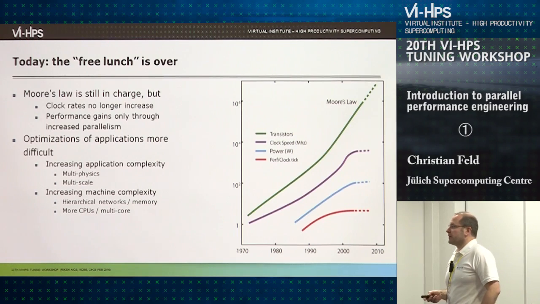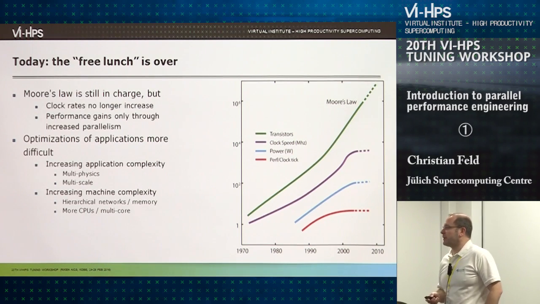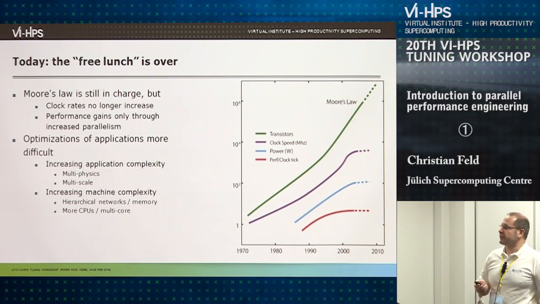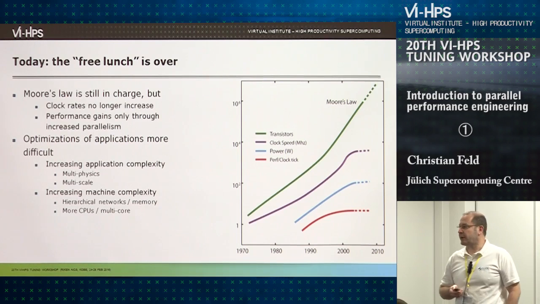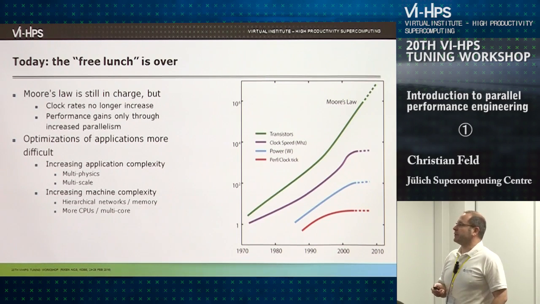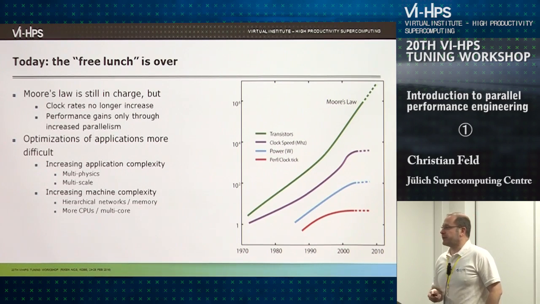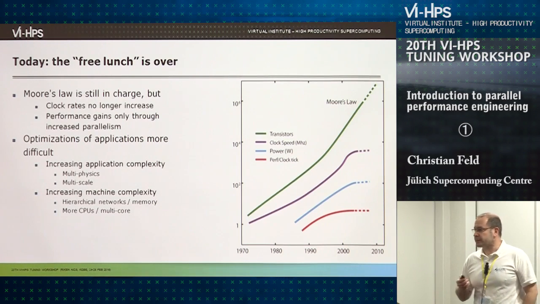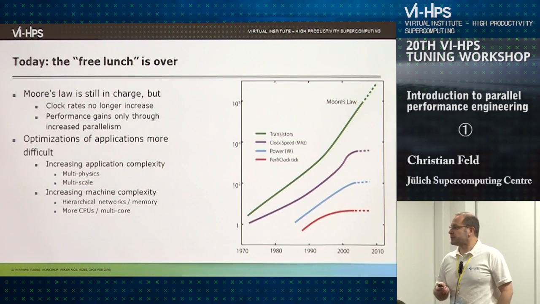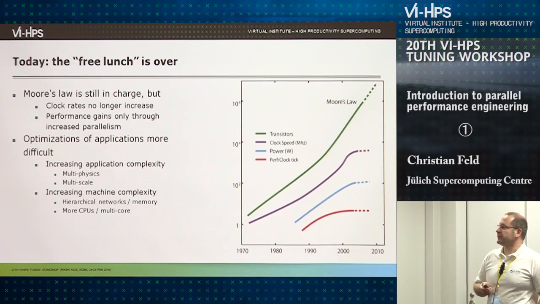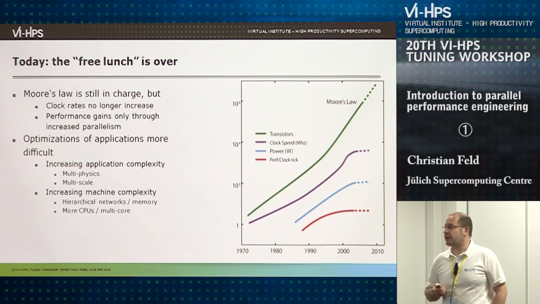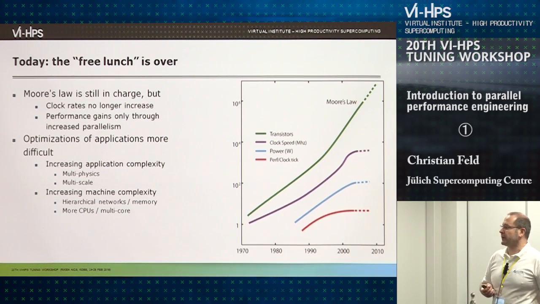In the good old days before 2004, there was something called free lunch. If you had an application and wanted to improve the performance, you just had to wait until the next CPU came out, because at that time the number of transistors on the CPU doubled every 2 years, and also the clock frequency increased constantly, which you can see in the diagram.